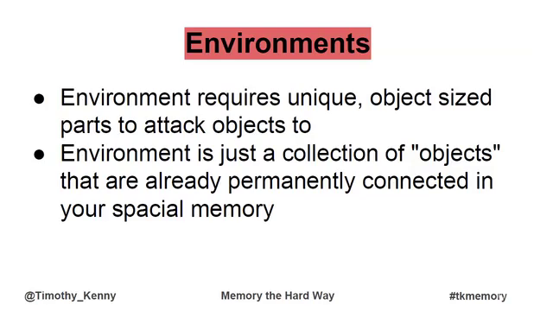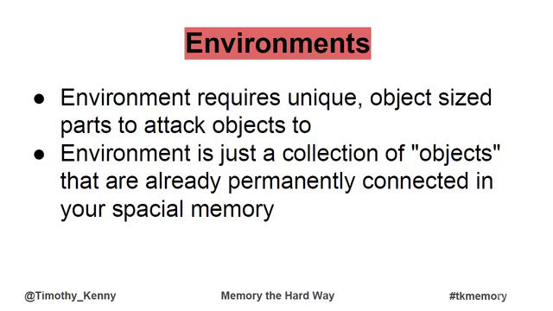So the important thing about environments is that you have to have unique places where you can store objects, where you can attach objects to. If your environment is just like you're inside a perfect sphere, there's nowhere to store information. Or if you're inside a perfect cube white-walled room, there's nothing to do with that. There's nowhere to store information in that, because there's no texture, there's no unique contours.